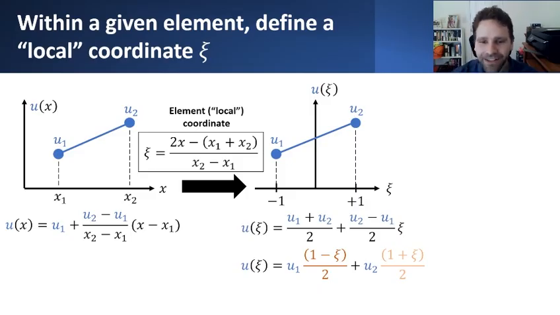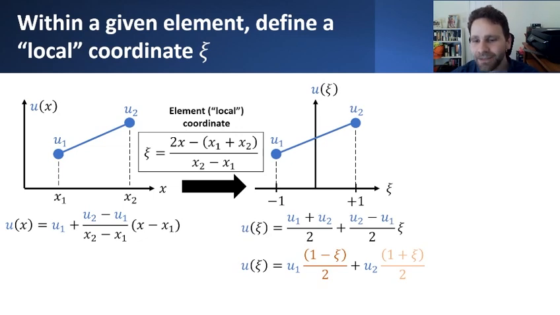Manipulating things around, I can come up with the expression shown below, which is the same expression, just maneuvered such that I have u1 multiplied by this first function, 1 minus psi divided by 2, plus the second coefficient, u2, multiplied by this other function, 1 plus psi divided by 2.